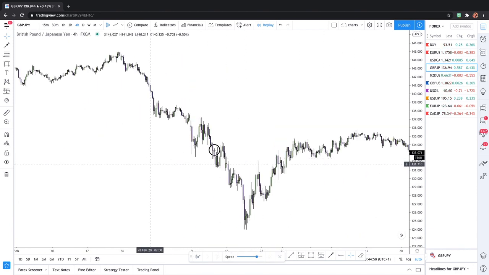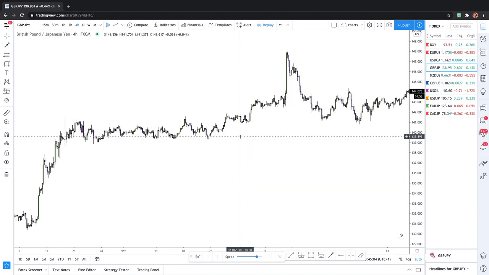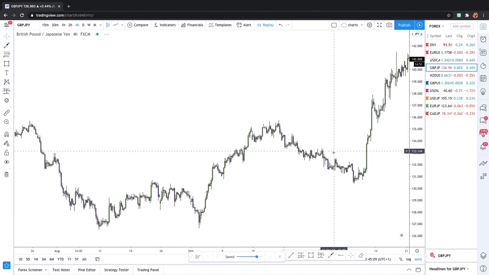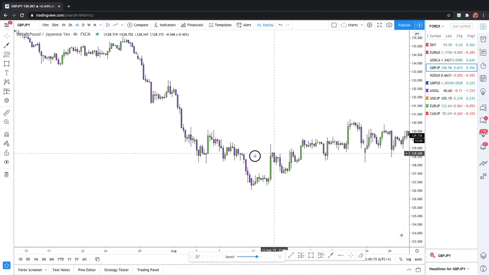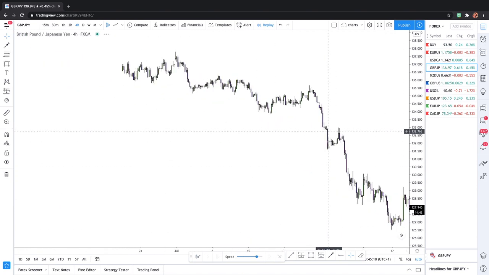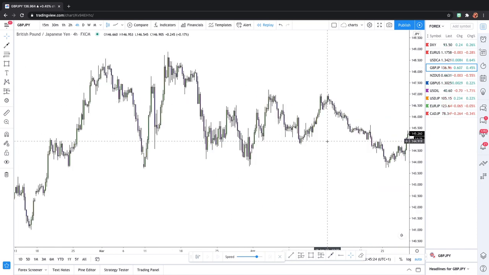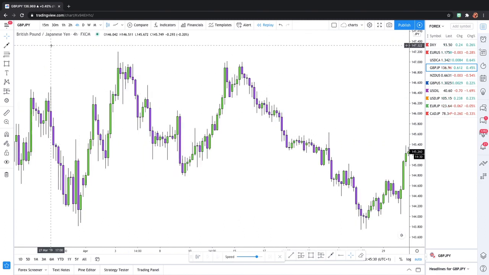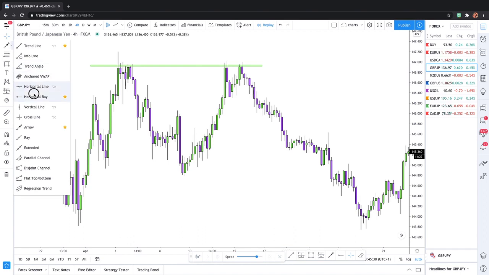So let's look for more patterns here. Not too much happening over here. Here is a double top. Price comes up to this resistance, look left, take horizontal ray tool.